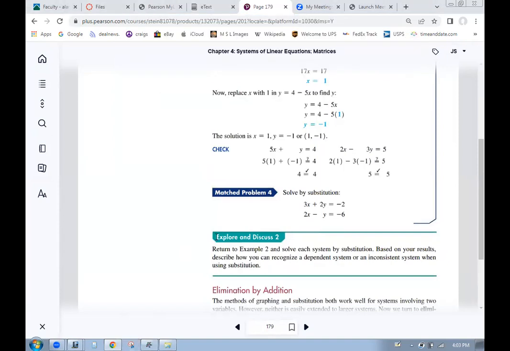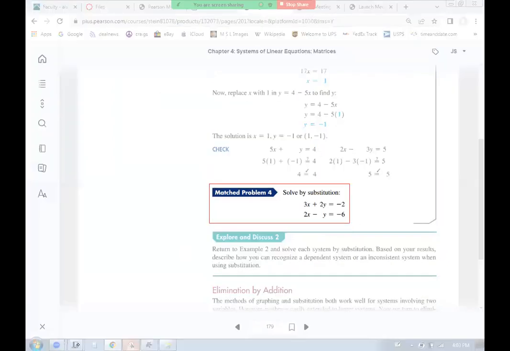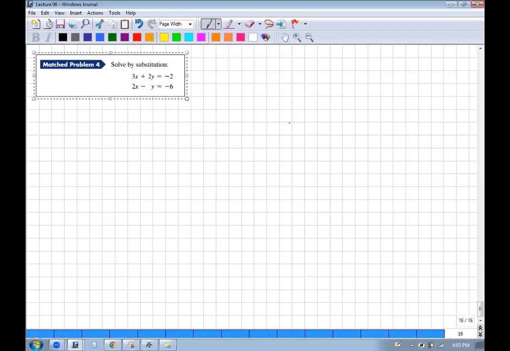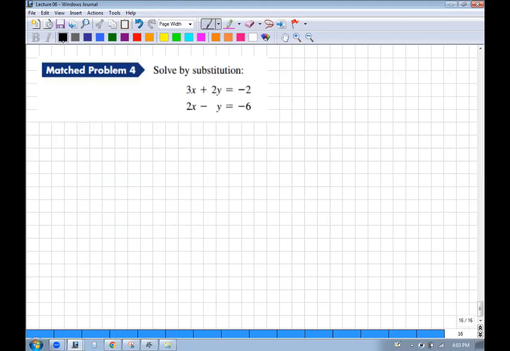All right, matched problem number 4. Okay, I'm going to substitute one into the other. I'll use this one here. I have a minus y. If I move my x's over, multiply everything by a minus.